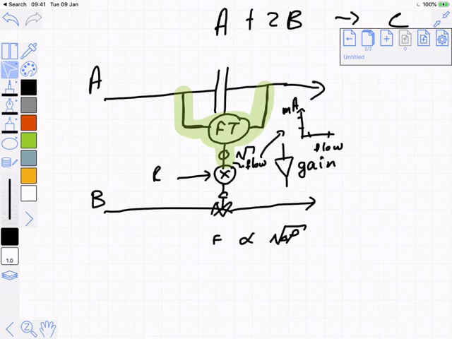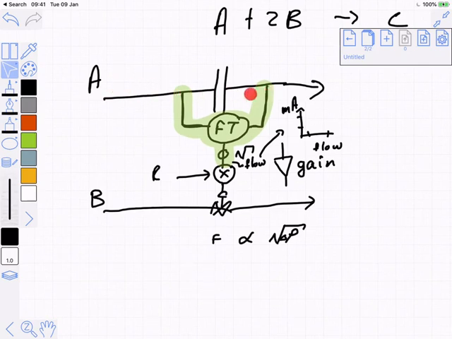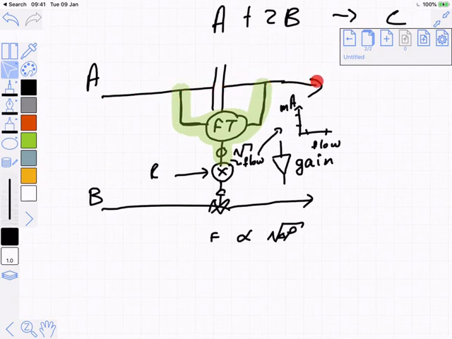And the reason why I'm saying this is because the reason why we are doing this whole thing in the first place is because we suspect that the one stream will change from whatever the value was that we designed it to be. Otherwise, we wouldn't have this scheme in the first place, right? Like, why would we have this ratio control scheme if we could rely on the flow rate of A not changing? The only reason why it is the way that it is is because we suspect this stream is wild. It's going to change, right?